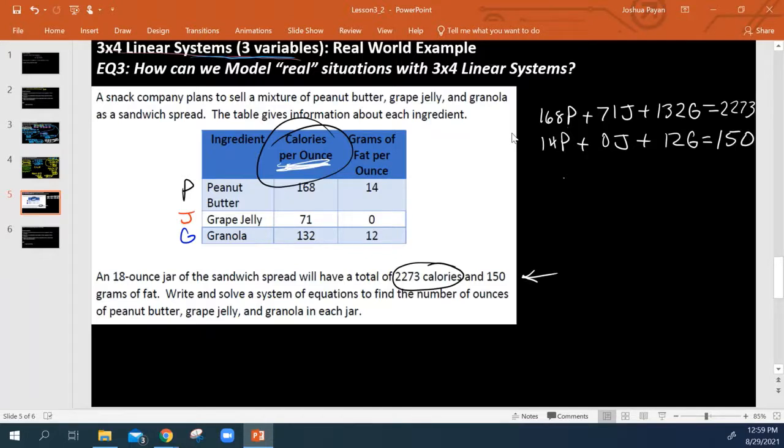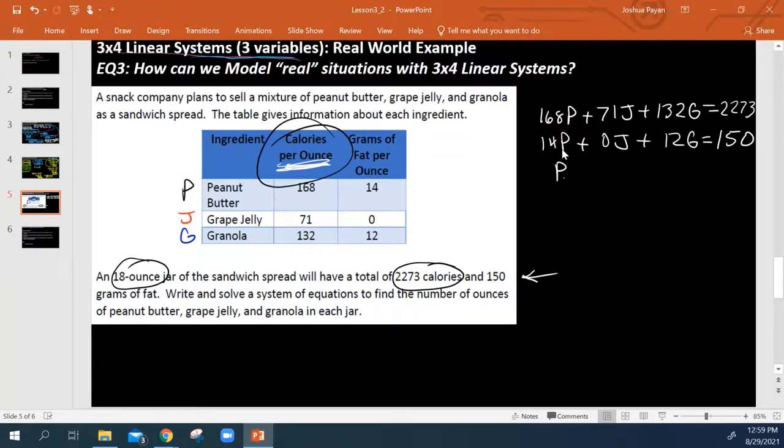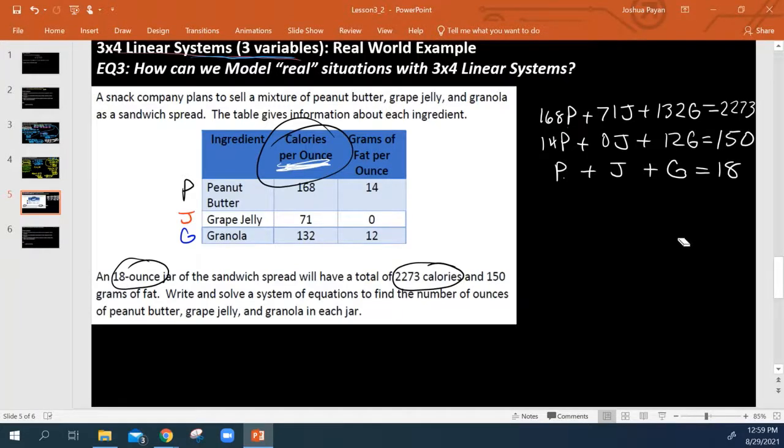And then we're talking about just the weight or the mass of the jar, which is an 18-ounce jar. So that's just the raw amounts. So peanut butter plus the jelly plus the granola gives us the 18 ounces. Okay, so from that, we have a system.